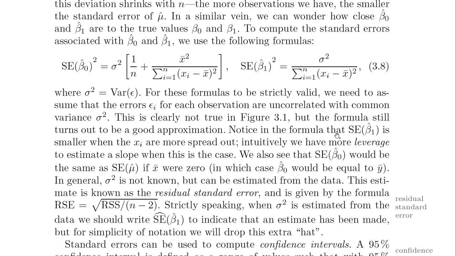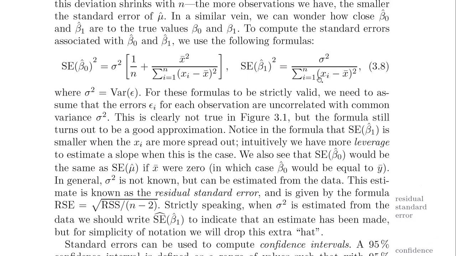Notice in the formula that the standard error of the slope, beta hat 1, the slope of the line that you're fitting, is smaller when the xi are more spread out, right?